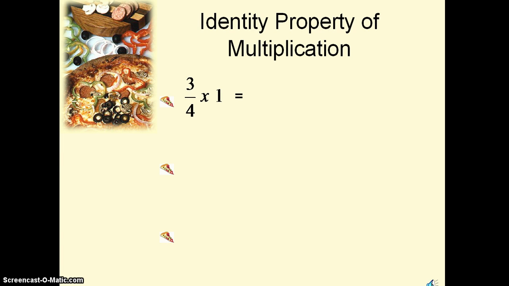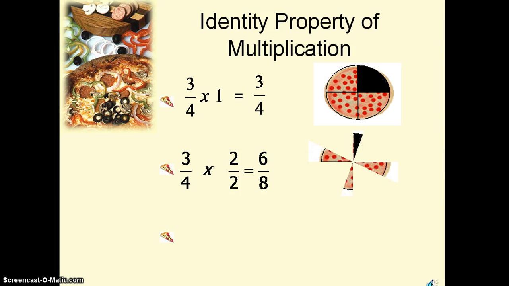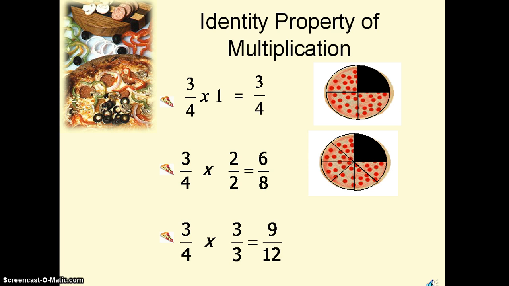So let's look at the pizza example again. 3/4 times 1 equals 3/4. If I take 3/4 and I multiply it by 2/2, which is the same as 1, I get 6/8, because 3 times 2 equals 6, and 4 times 2 equals 8. 3/4 times 3/3 equals 9/12, because 3 times 3 is 9, and 4 times 3 is 12.